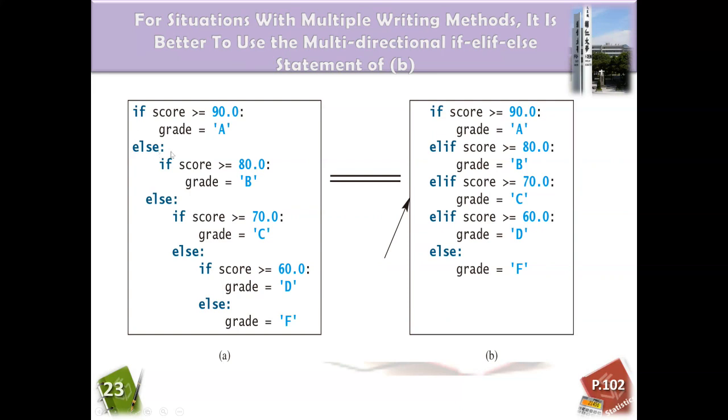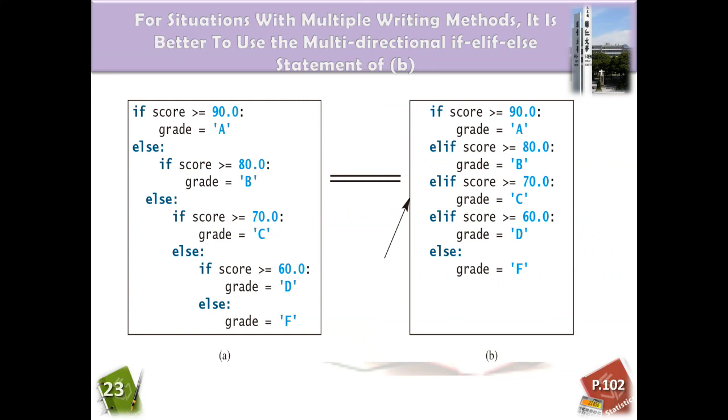If it does not satisfy the second condition, then you will check the other. So this problem is: when the score is larger than or equal to 90, then the grade is A. The grade A is a string, so we use single quotation marks.